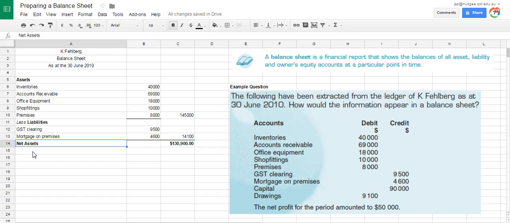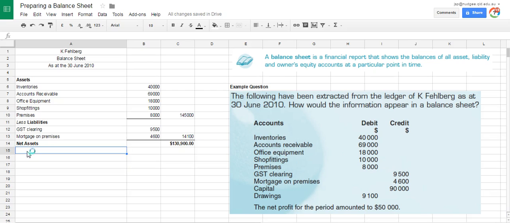Okay, so if you think about our accounting equation, remember that assets equal liabilities plus owner's equity. Another way to write that is assets minus liabilities equals owner's equity. So we've done assets minus liabilities. So now underneath this, we're just going to do a little owner's equity part. Okay, let's jump into that.